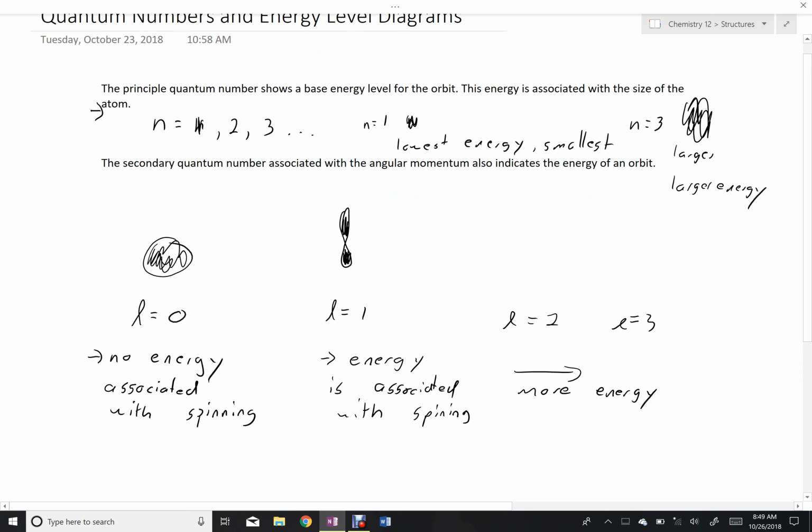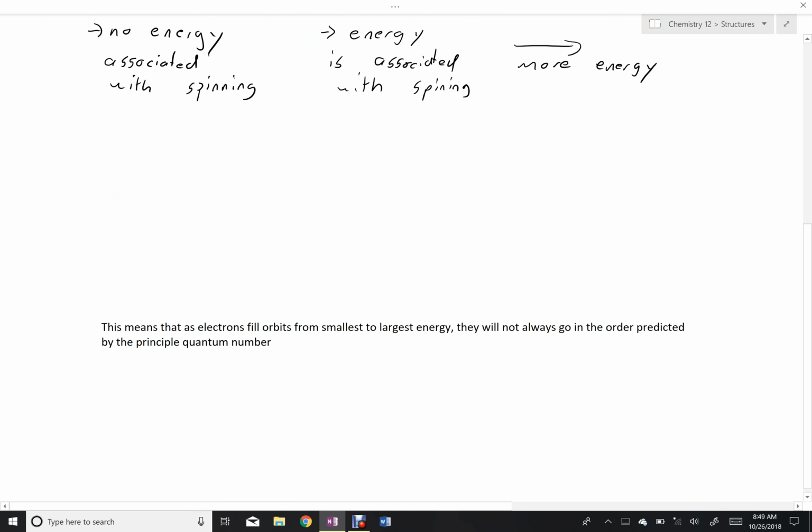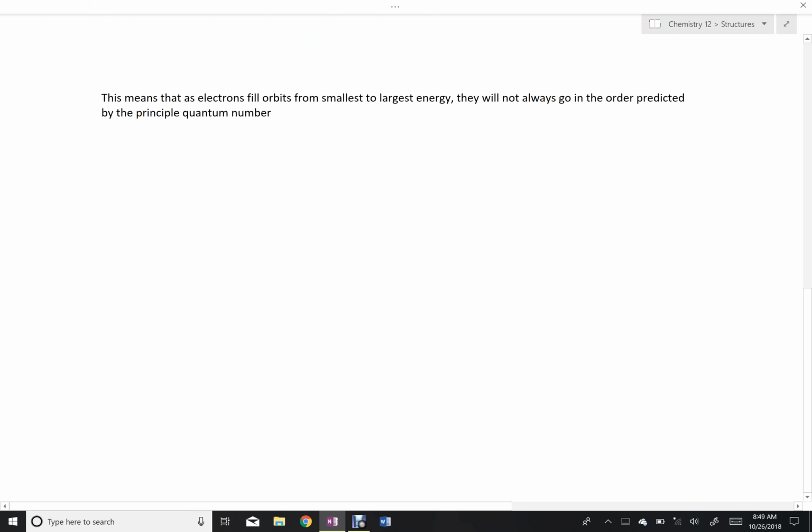What this means then is that the energy doesn't just go from smallest to largest, as according to n equals 1, 2, 3, but that there can be some tricks where the energy associated with the L, or the angular momentum, can cause the orbitals to have energies that don't fill in that specific order.